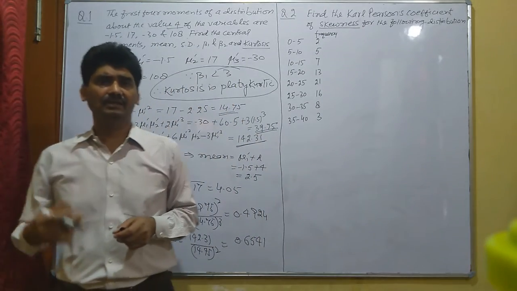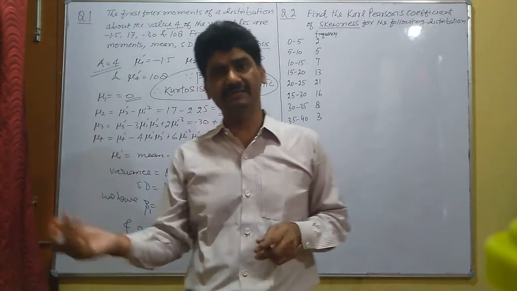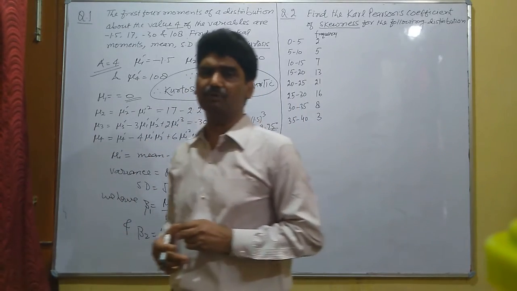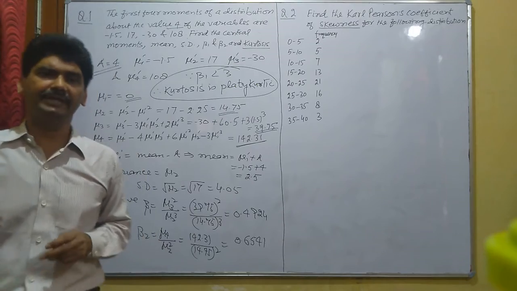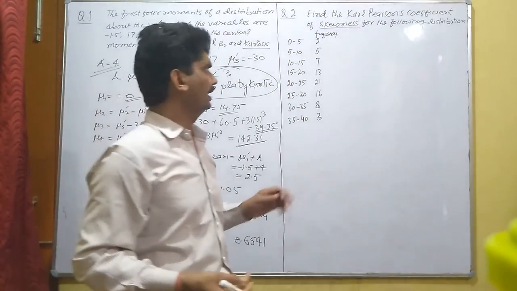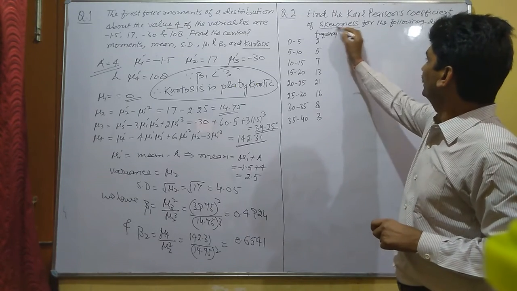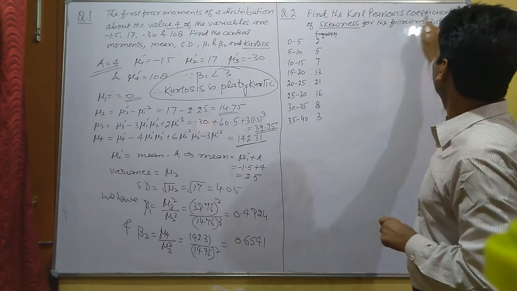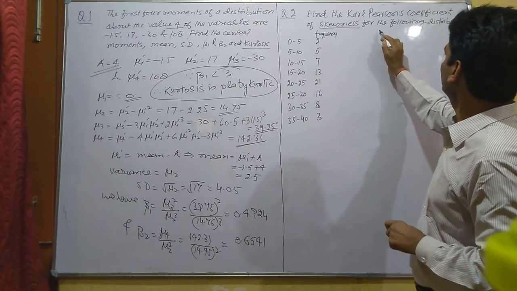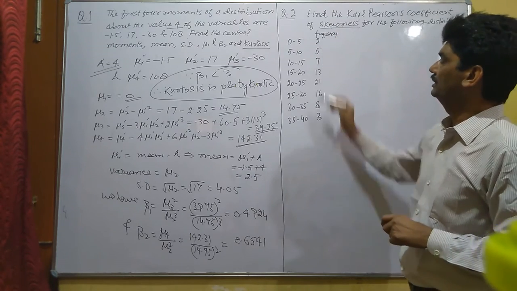In this problem some distribution is given and moments are also asked. There is a direct formula to find the central moments or moments about any given point. Okay, the next problem is based on skewness: find Pearson's coefficient of skewness for the following distribution.